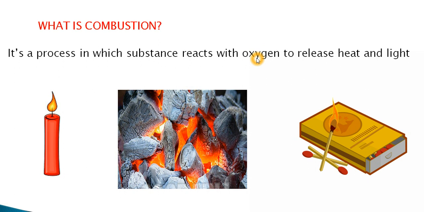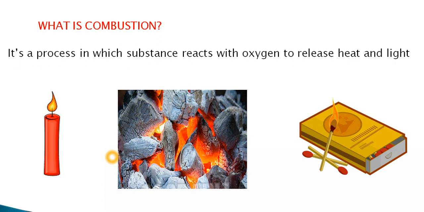Now, when we talk about release of heat and light, it's not necessary that light has to be released during the combustion of all substances. Light may be released, light may not be released. If light is released, it can be released in the form of a flame or in the form of a glow. For example, if you compare the process of combustion in candle and coal, both are reacting with oxygen, and due to that reaction, a lot of heat and light is being produced.